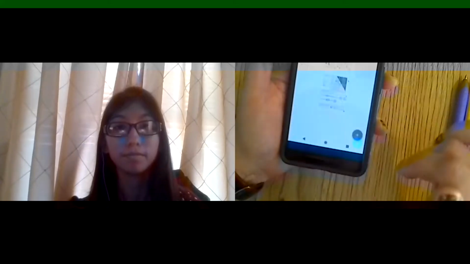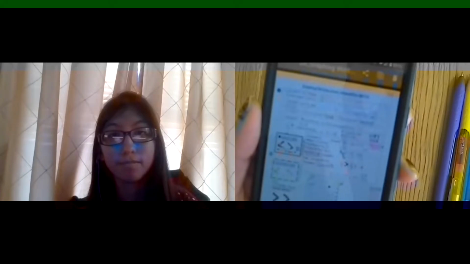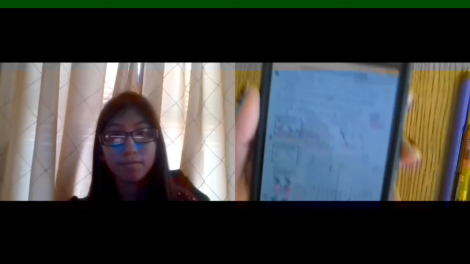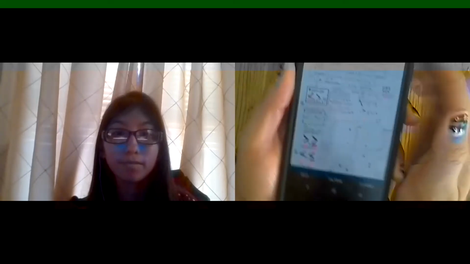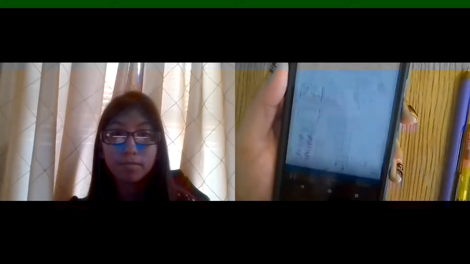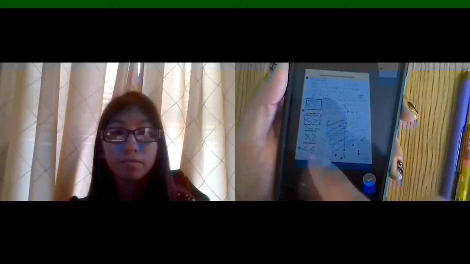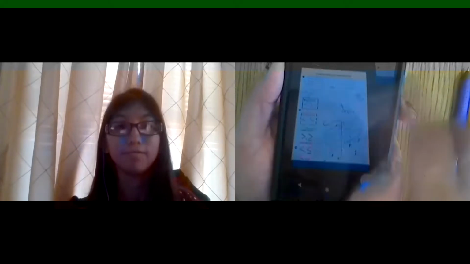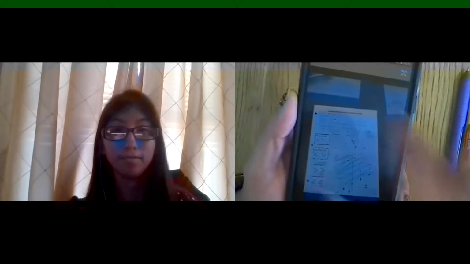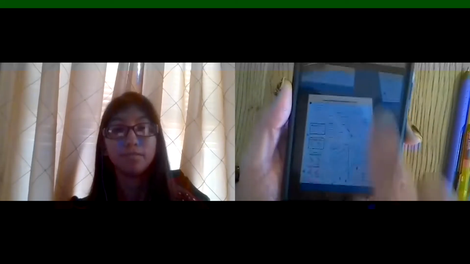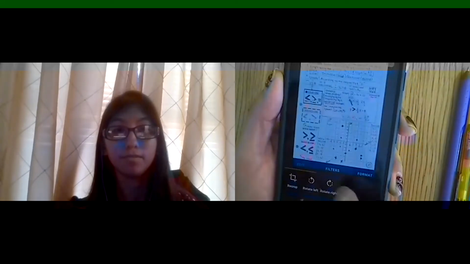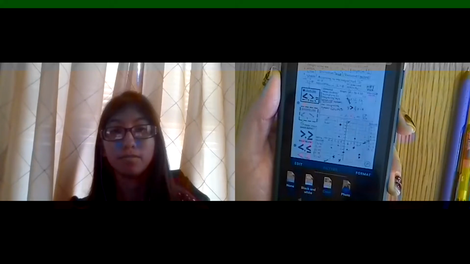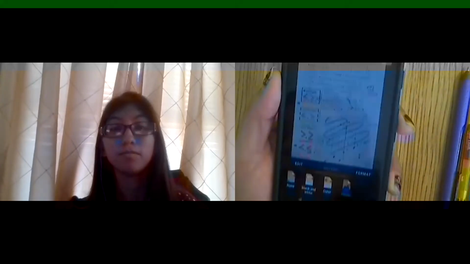What I like is that I can edit and crop things just the way you were saying. You can see my desk with all the other junk around it, and I took a picture of just the notes, and I could even put a filter and make it look like a colored Xerox copy or leave it as a photo.